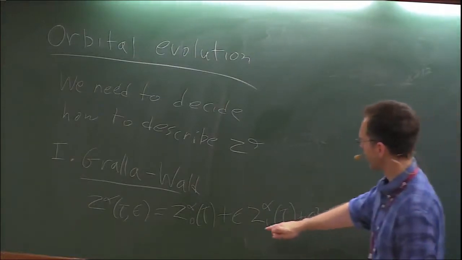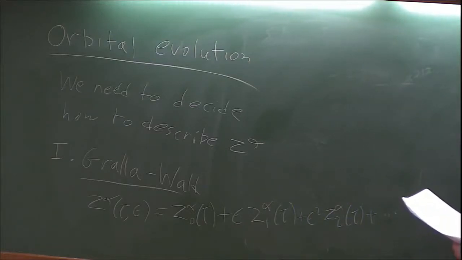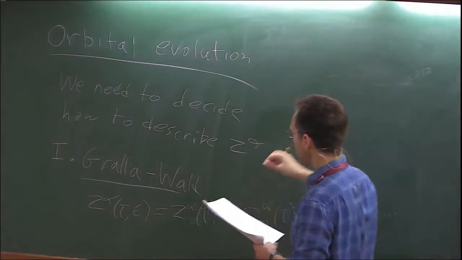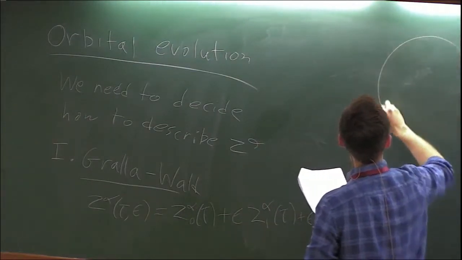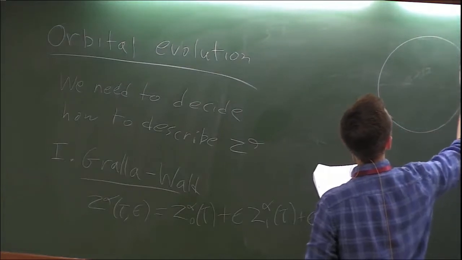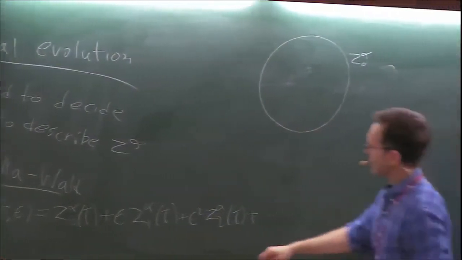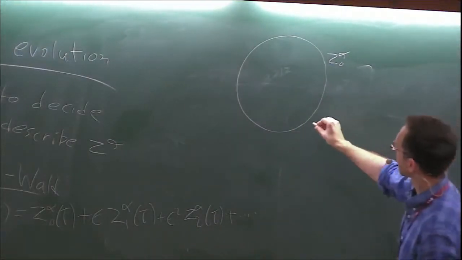So each of the coefficients here do not depend on epsilon. So what's actually being described here? Let's say Z0 is a circular orbit. So this is Z0. Then Z1 and Z2 are actually vectors that live on this orbit.